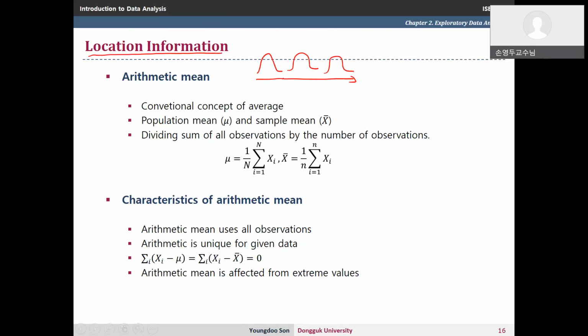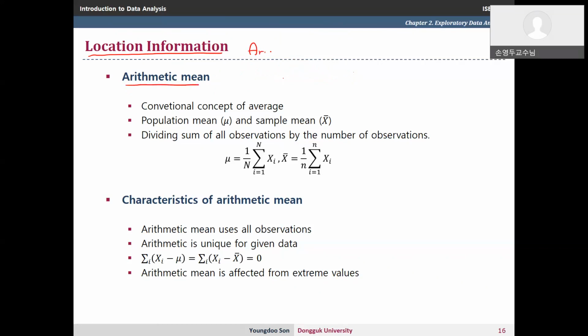So the first representative value of this location information is, of course, the mean. However, here we will use the specific term arithmetic mean. I think you all know that there are three types of mean.